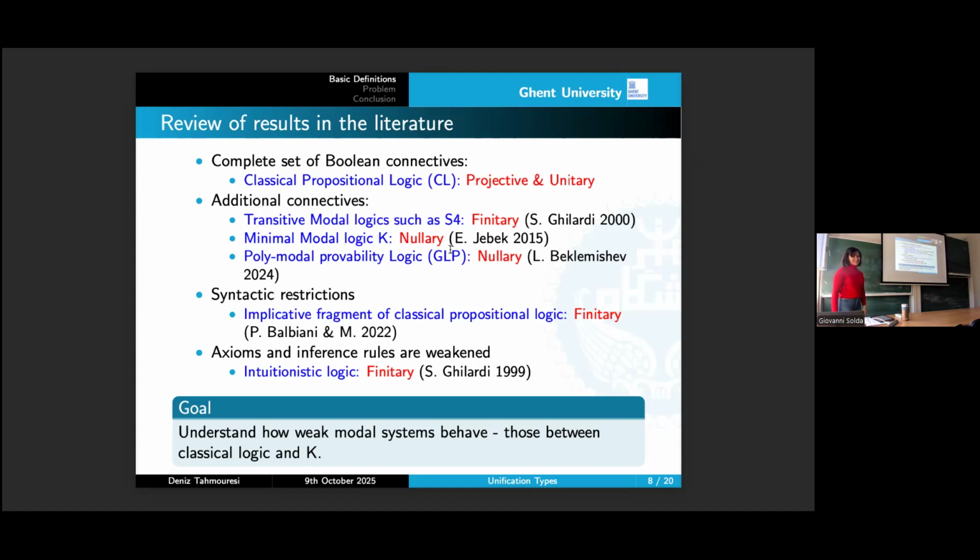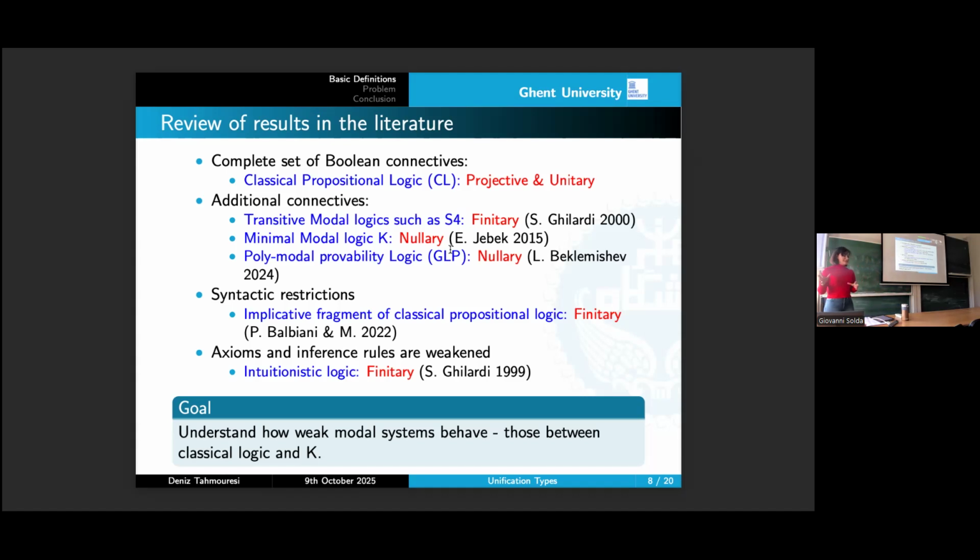Yeah, exactly. And when we add the modal connectives to our logic, like in modal logic, then the unification type can change. For example, in S4 we have the finitary unification type. In K, we know it is nullary. And also, for example, in another logic called polymodal provability logic, it is also nullary.